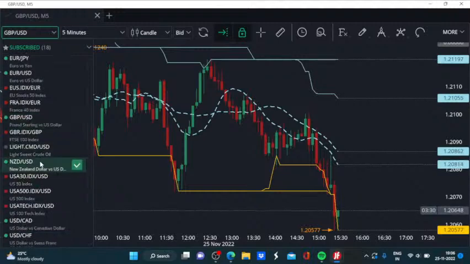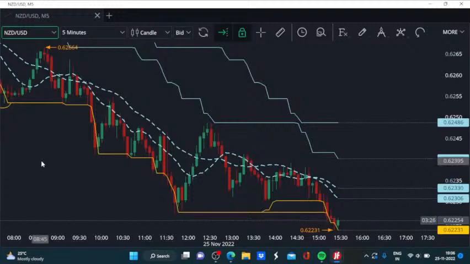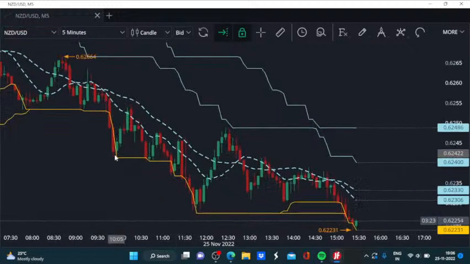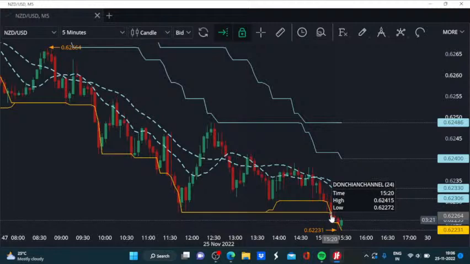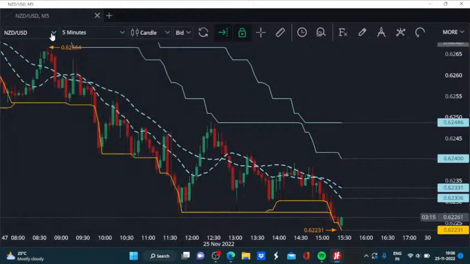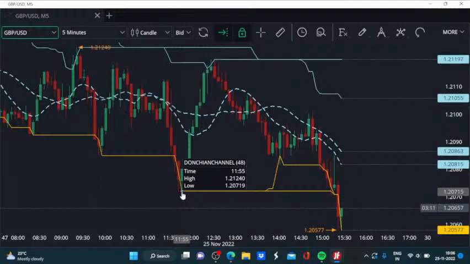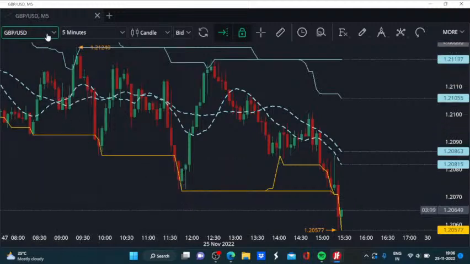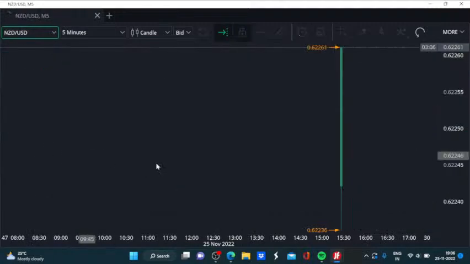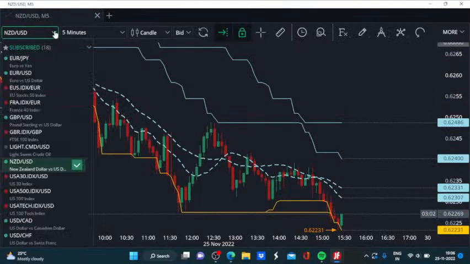For NZD/USD, let us see. The NZD/USD is also lagging, but if we look at its prior low formation, it was at 11:55 GMT. And if we compare it with GBP/USD, it is around the same time, and this new low was made at 15:15 GMT.